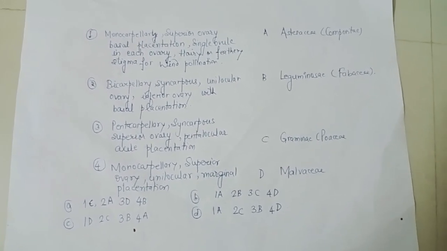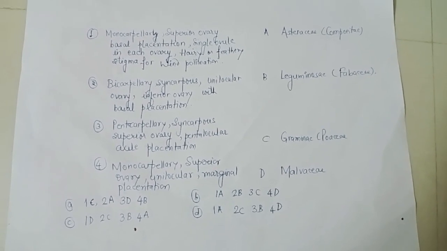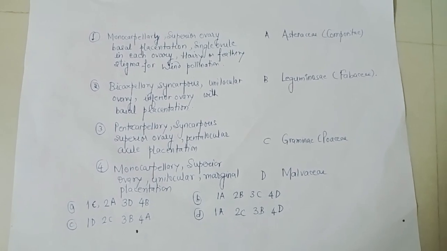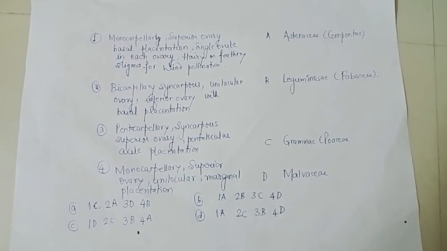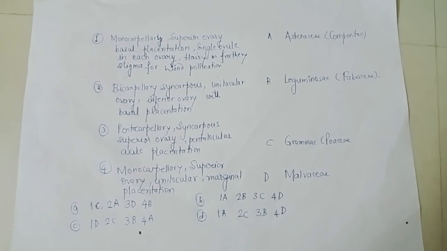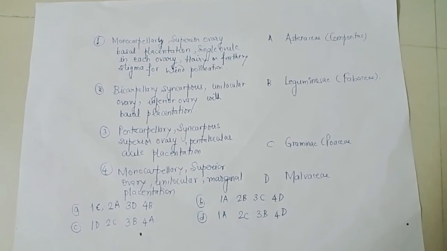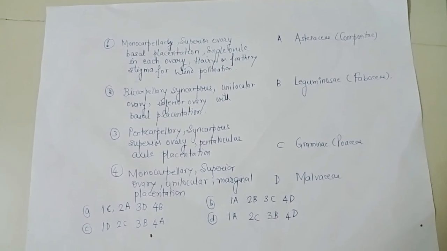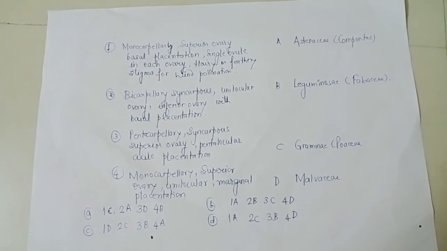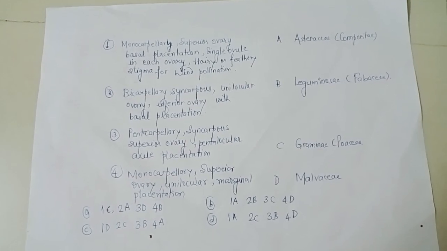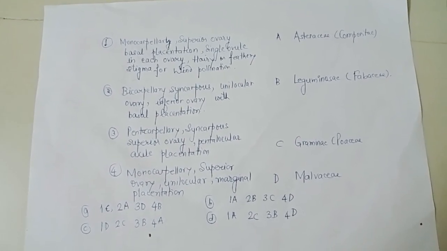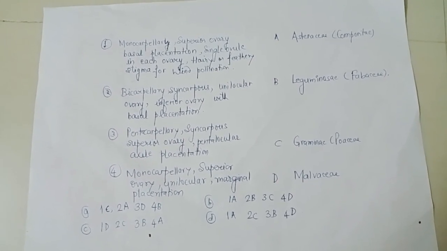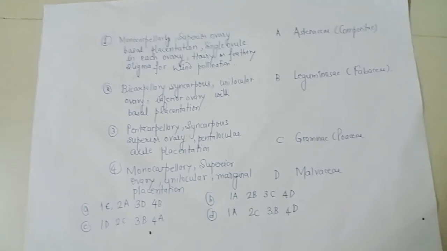We begin with 1. Monocarpillary superior ovary with basal placentation, single ovule in each ovary, hairy or feathery stigma for wind pollination. Now, monocarpillary superior ovary, basal placentation and single ovule with hairy or feathery stigma. This is one of the most important distinguishing characters.